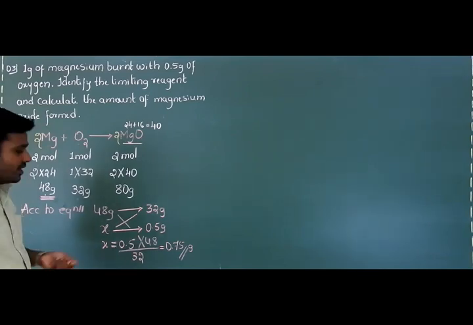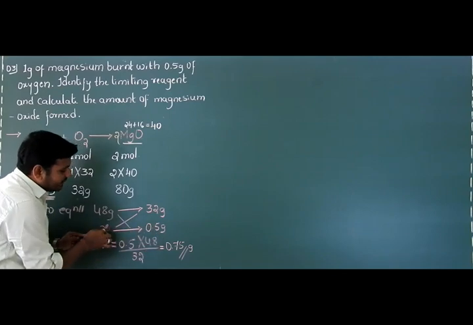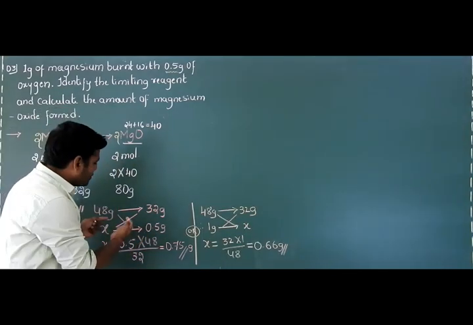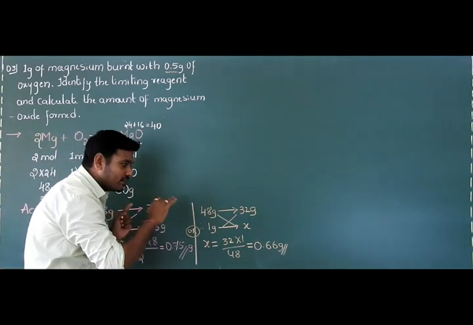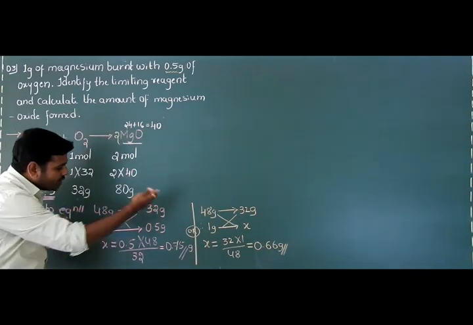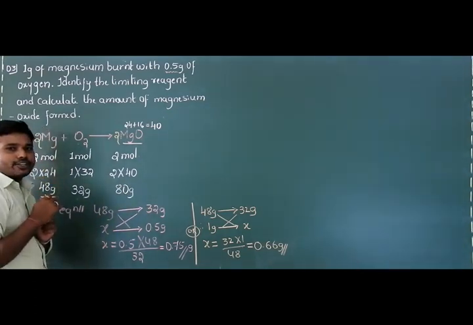Students, in this problem I used the amount of oxygen and I calculated the amount of magnesium required. Either you can use this calculation or you can use this calculation. Either you take mass of magnesium and calculate the mass of oxygen, or you can take mass of oxygen and calculate the mass of magnesium.